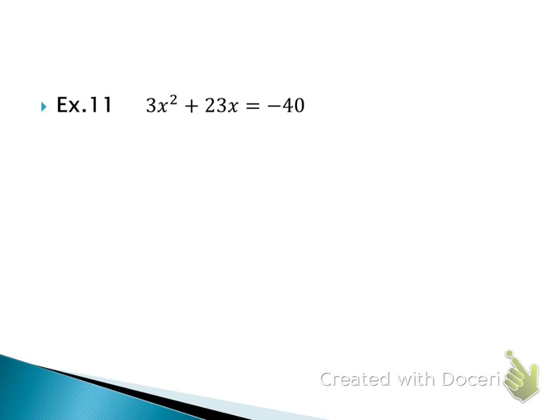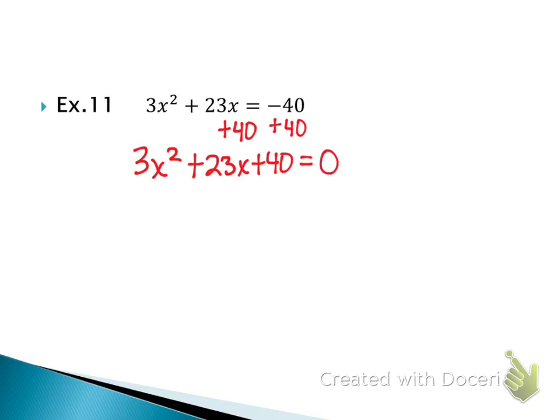How are we going to force this to be in standard form? Add the 40 to both sides. Is there anything for the 40 to combine with on the left? No. So it just gets added on to the end. And now it equals 0.